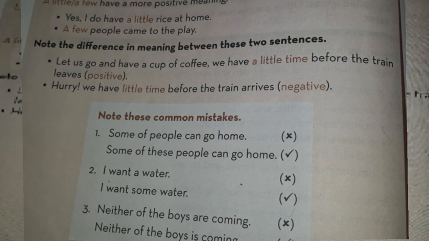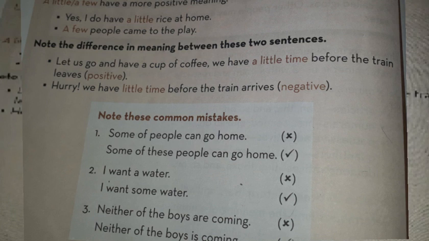Here you have to observe a thing. Little is used near rice, an uncountable noun. Few people, which means people, a countable noun. So here you have to understand one thing, my dear children. Few is to be used for countable nouns and little is to be used for uncountable nouns.